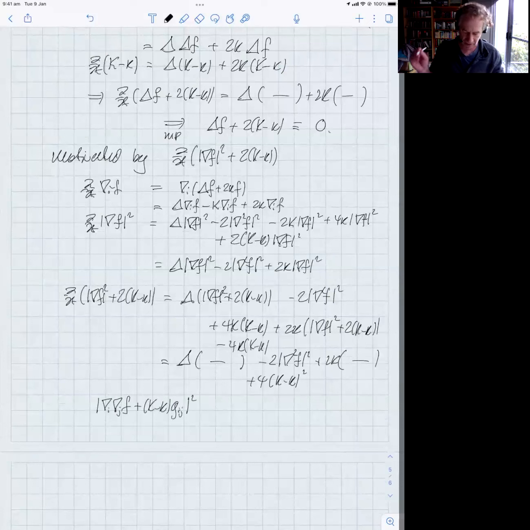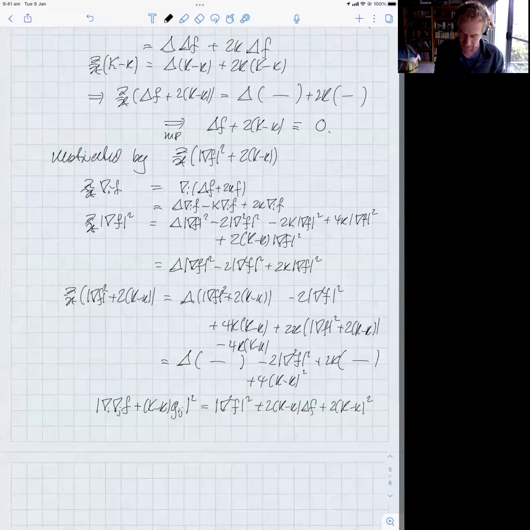This is the quantity that vanishes on a soliton. And when I expand that out, I'm going to determine which looks like the Hessian squared, right? So I get a Hessian squared term, then I'll get a plus 2(k minus kappa) Laplace f, and then I'll get a plus 2(k minus kappa) squared.